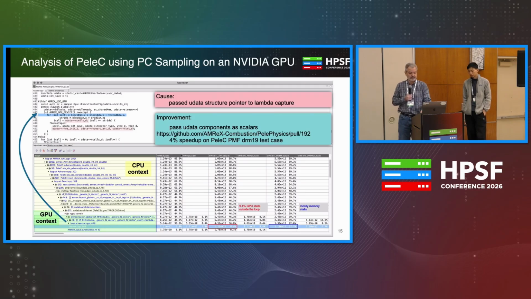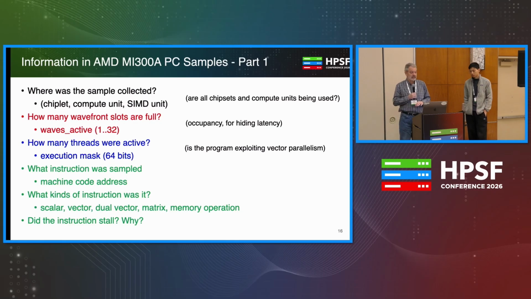So in the AMD GPUs, we can measure a lot of information with the PC sample. We can measure where the sample was collected, what chiplet it was on, what compute unit, what SIMD unit, how many wavefront slots are full or not, how many threads are active, what instruction was sampled, what its machine code address is, what kind of instruction it is, and whether the instruction stalled, and if so, why.